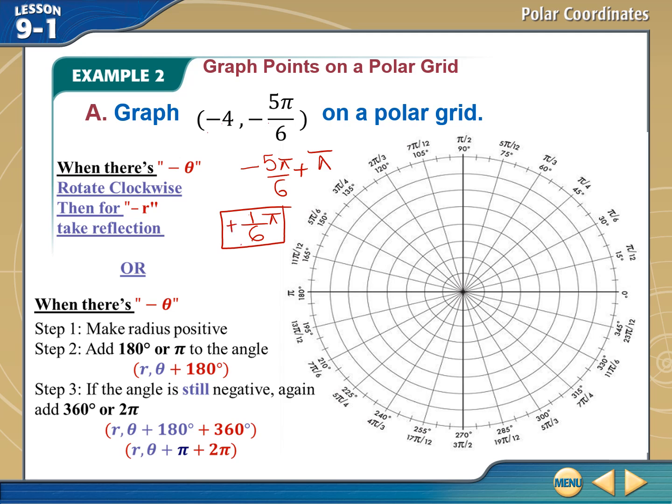It's positive, so stop over here. Where is 1 pi over 6? Over here, in the fourth circle. So we have minus 4 and minus 5 pi over 6. That's all, and just join it with the pole.